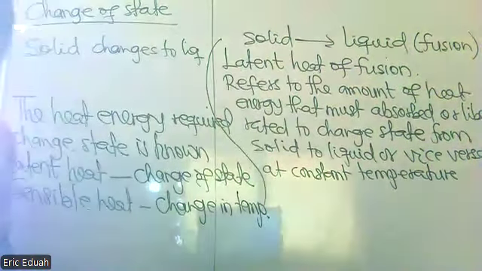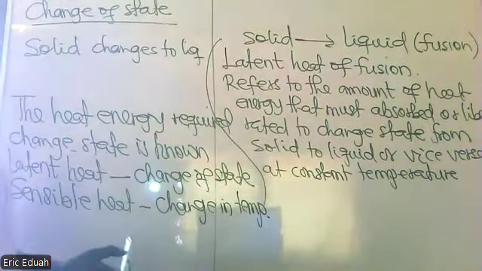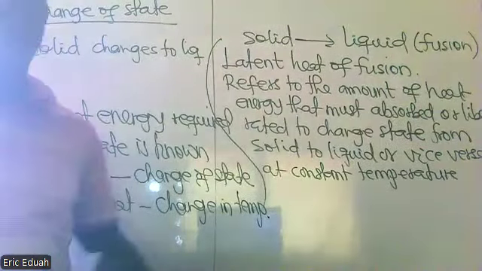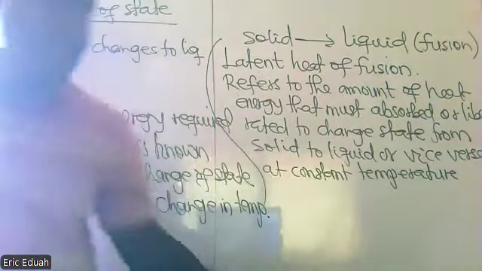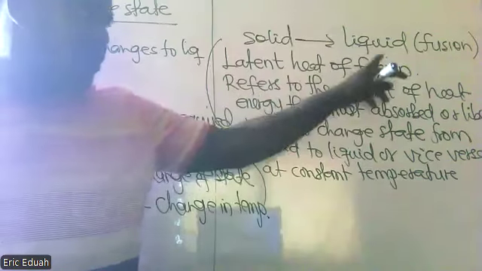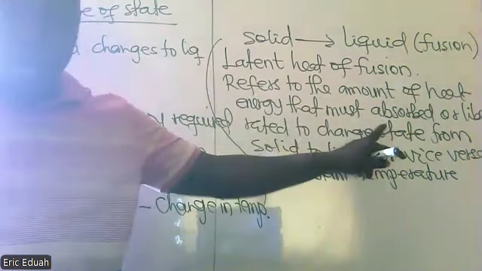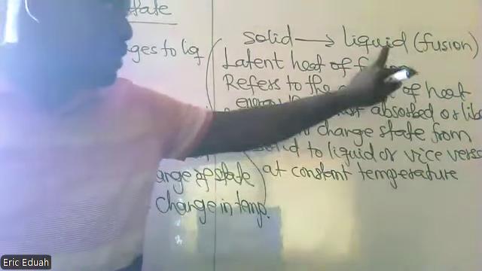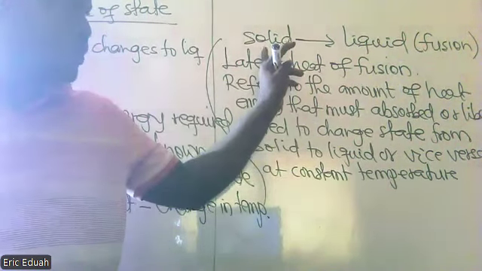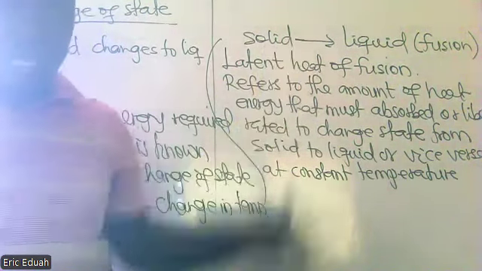Okay, so when we talk about latent heat of fusion, this is it. That amount of heat energy that must be absorbed or liberated. Absorbed or liberated because from solid to liquid, substance must absorb, as said by you. Okay, then from liquid to solid, that is freezing.